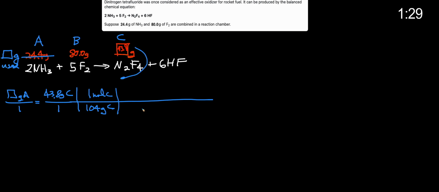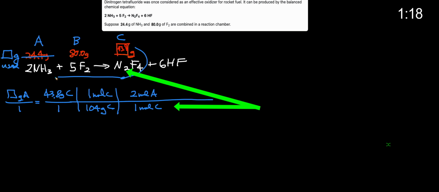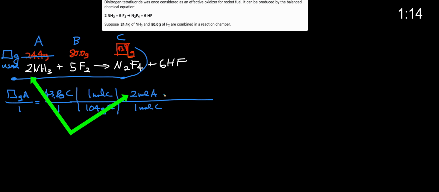And next we're going to go from moles of C to moles of A. We do that using the coefficients of the balanced chemical equation. And you can see there's a 1 before N2F4 and a 2 coefficient before ammonia. And finally, we're going to go from moles of ammonia to grams of ammonia.